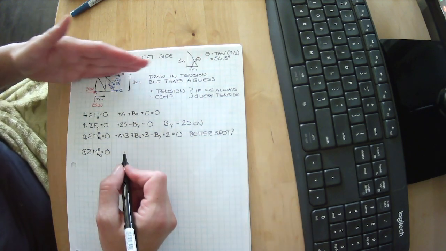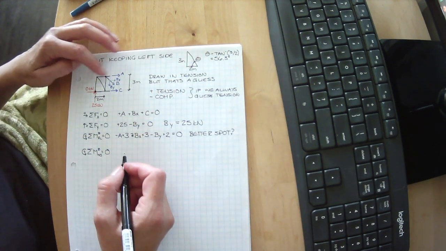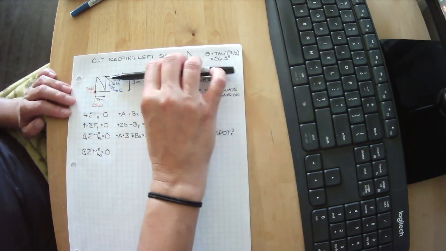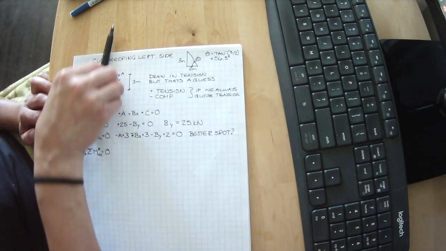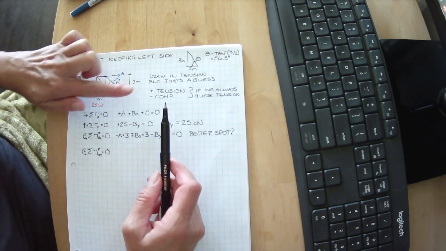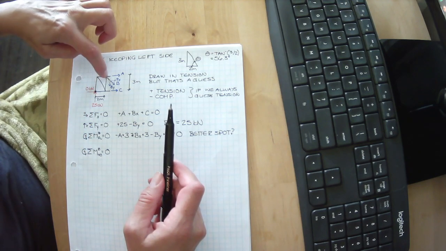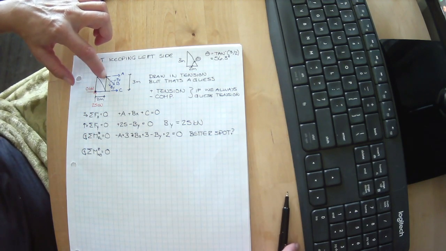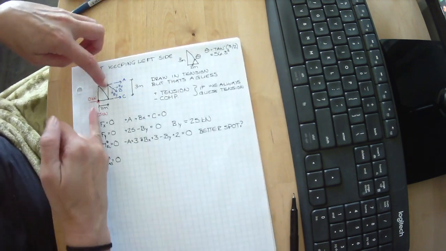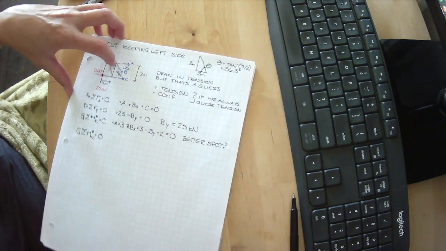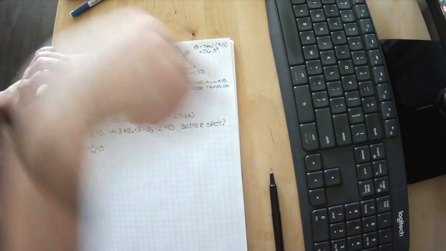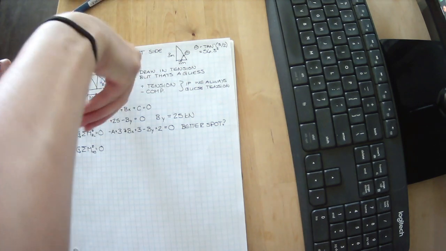Well, now A passes through this spot, so A doesn't cause it to spin. B passes through that node, which means BX does and BY does. So they don't cause it to spin. We're left with C and 25 kilonewtons trying to make it spin about this point. Let's take a look. 25 kilonewtons is trying to make it spin in this direction, which is the positive direction. Oh, sorry, the negative direction.